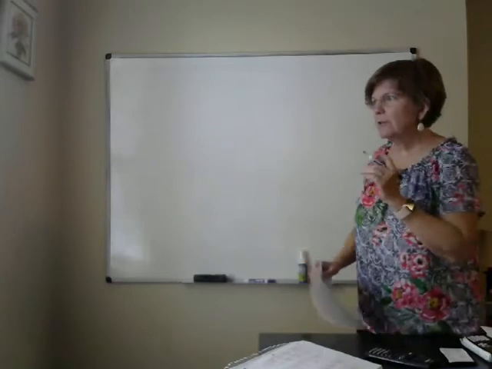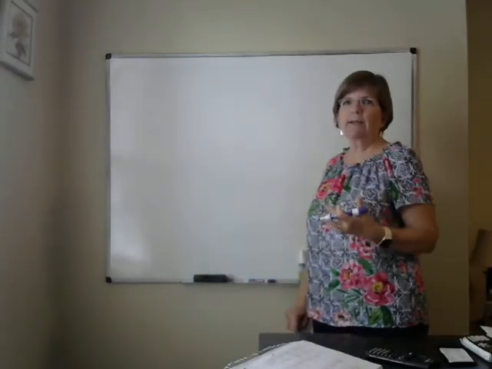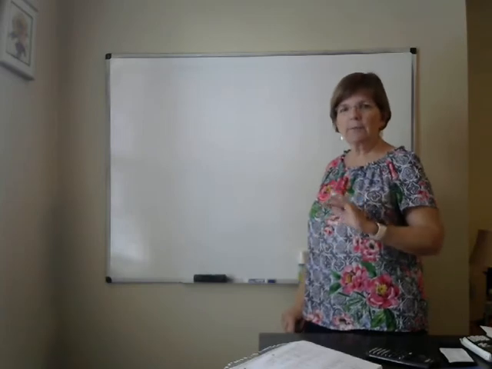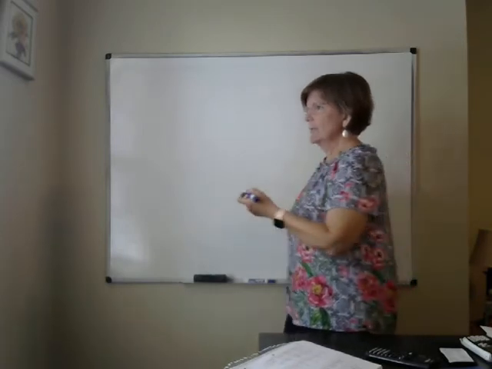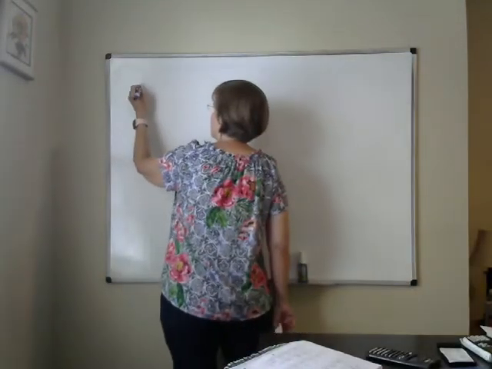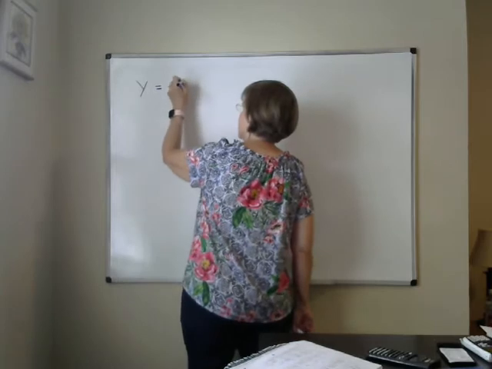So first thing we want to understand is the derivative can be written in a couple of different ways. I'll look at both of those. And so let's just start with a simple function. Suppose we have the function y equals x to the 7th.